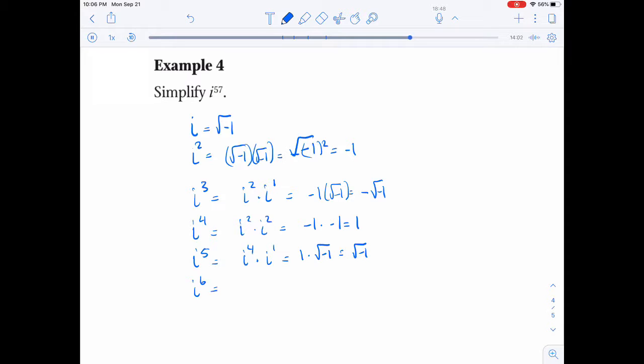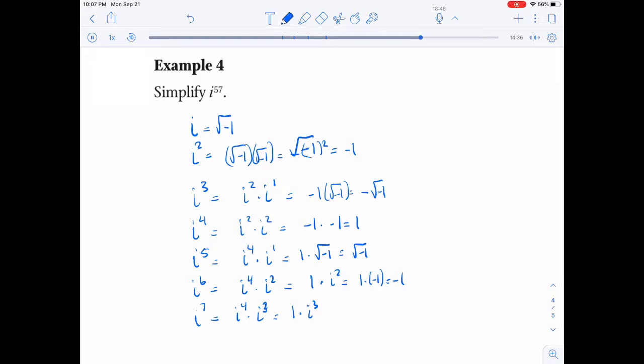i to the sixth is i to the fourth times i squared. So we can substitute once again 1 for i to the fourth, and it's multiplied by i squared, which is 1 times a negative 1, which is equal to negative 1. i to the seventh is i to the fourth multiplied by i cubed. So it's 1 multiplied by i cubed.